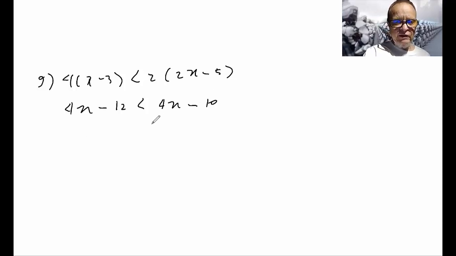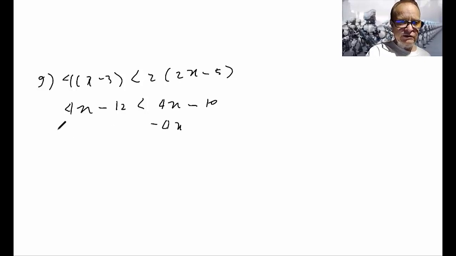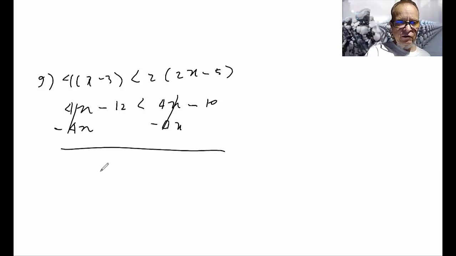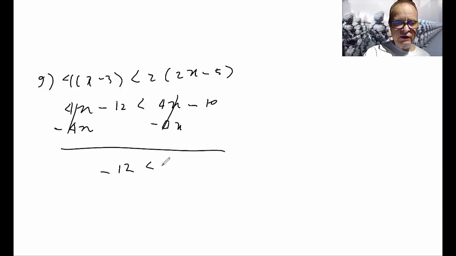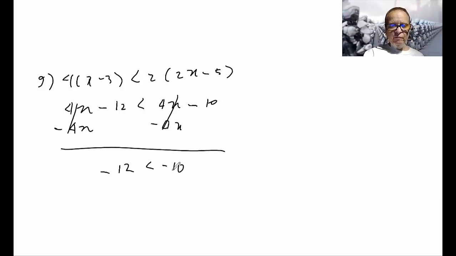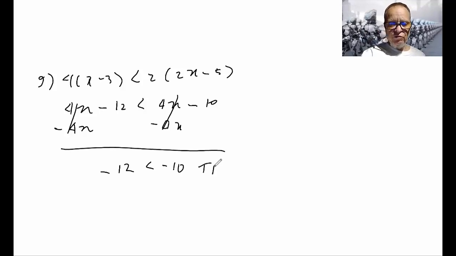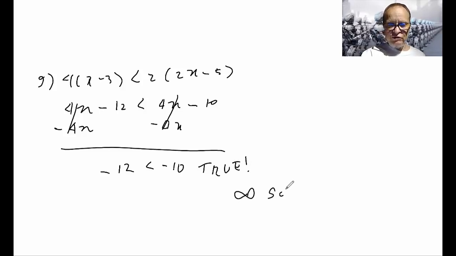Well, we see that these 4x's cancel out, and we're left with negative 12 is less than negative 10. But this is always true. So therefore, there are infinite solutions.